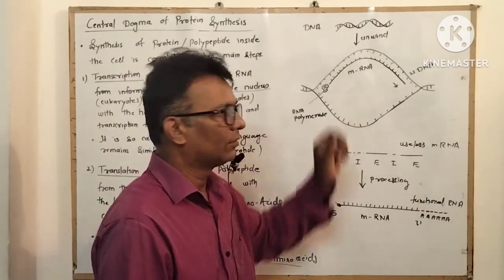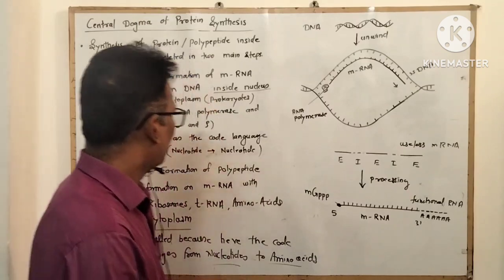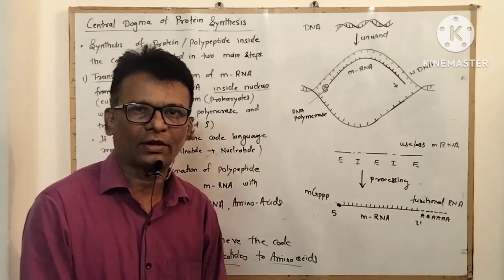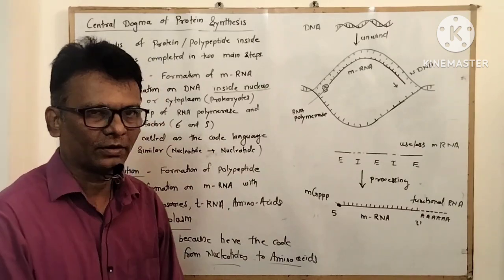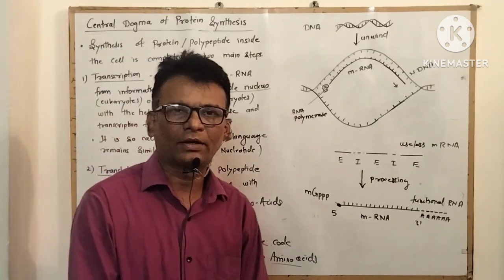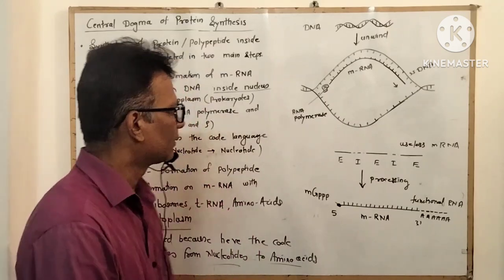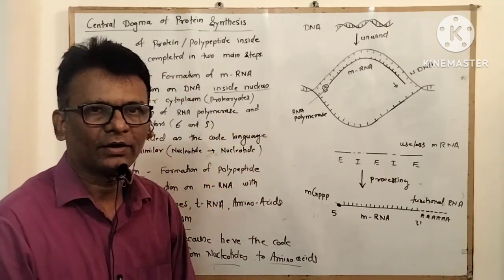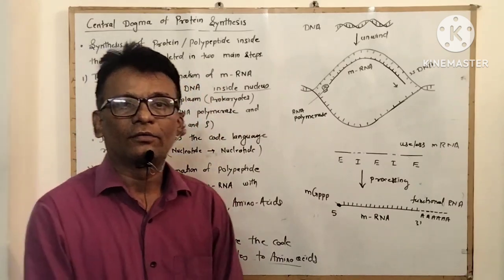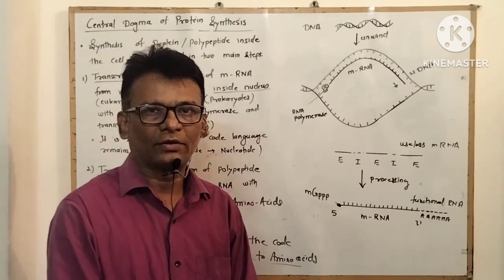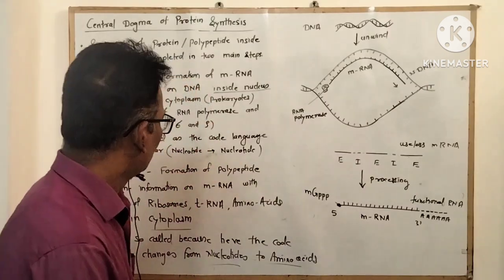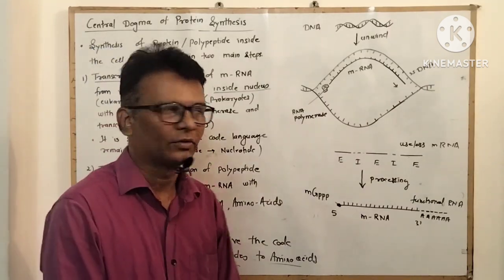RNA formation occurs with the help of transcription factors: sigma factor and rho factor are involved in the formation of mRNA. Sigma factors are the starting factors and rho factors are the terminating factors. Sigma factor binds at the 3' end of DNA and rho factor binds at the 5' end of DNA. Due to sigma factor, the transcription process begins.